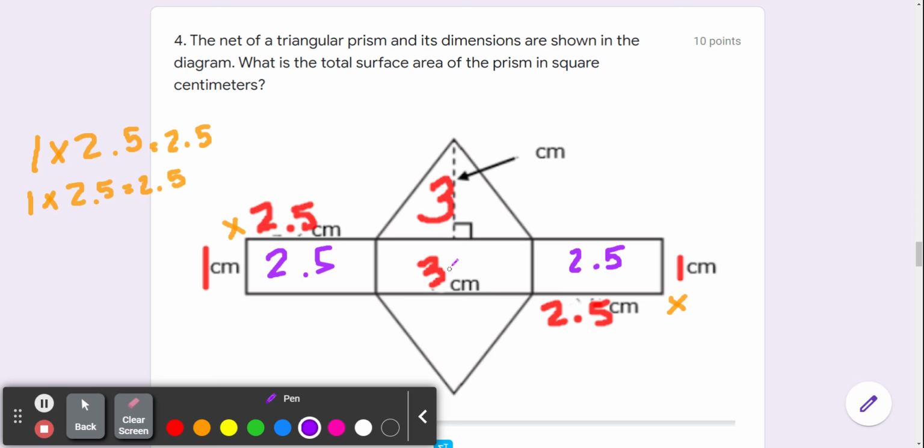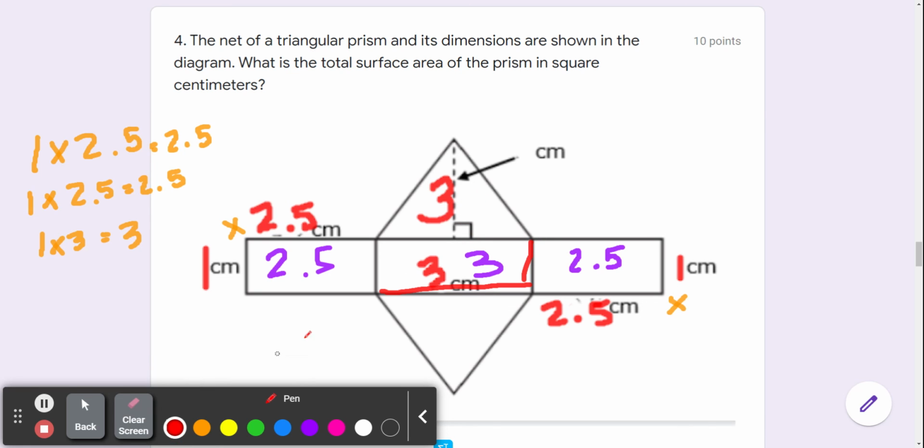And then I'm going to do this one here. This one is the 3. It's got a 3 here times the 1. That's a 1. So 3 times 1 is 3. So that's this piece here. Now I need these triangles.